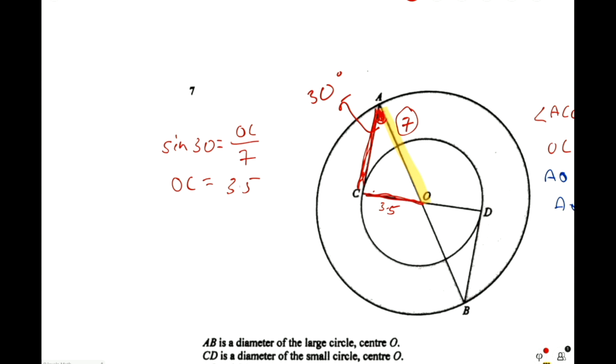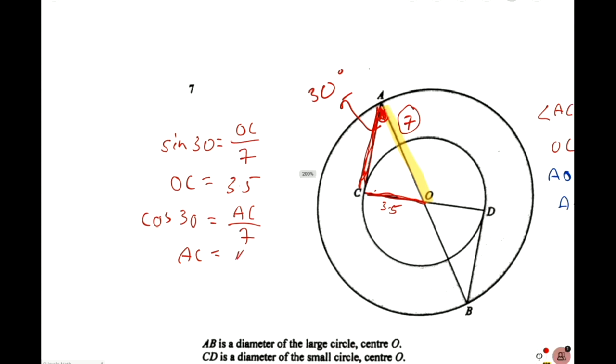So adjacent, so cosine, adjacent over 7. So AC equals 6.06.